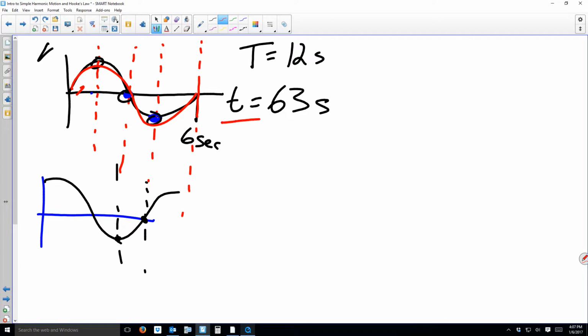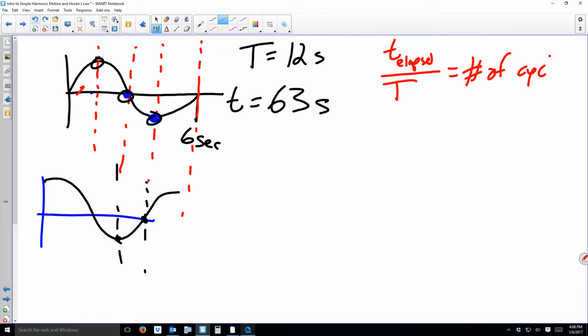And to answer that, it's really not that troublesome. What we're going to do is take the time elapsed divided by the period. That gives us the number of cycles that have been completed. So for instance, for this one, if I do 63 divided by 12, I believe that comes out to be 5 1/4.